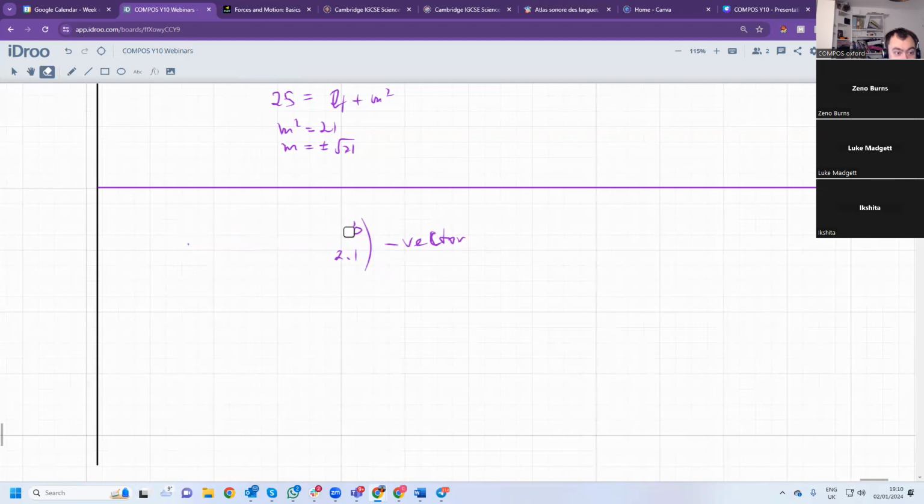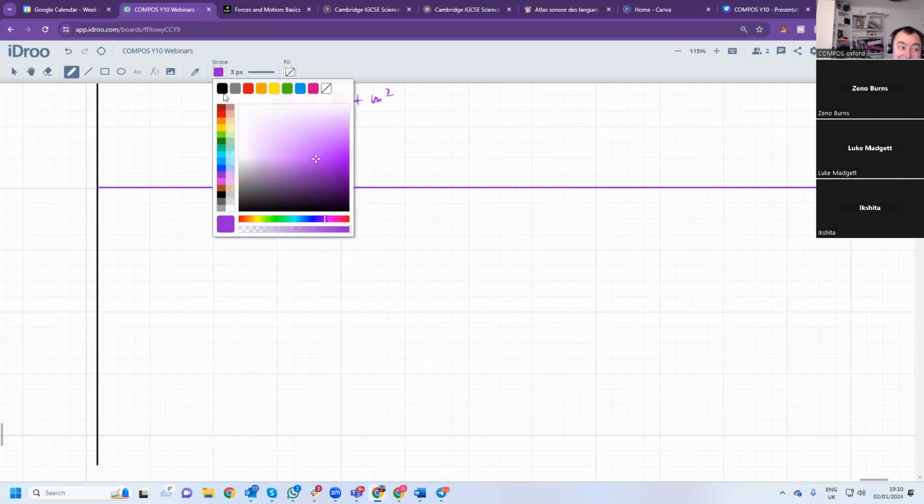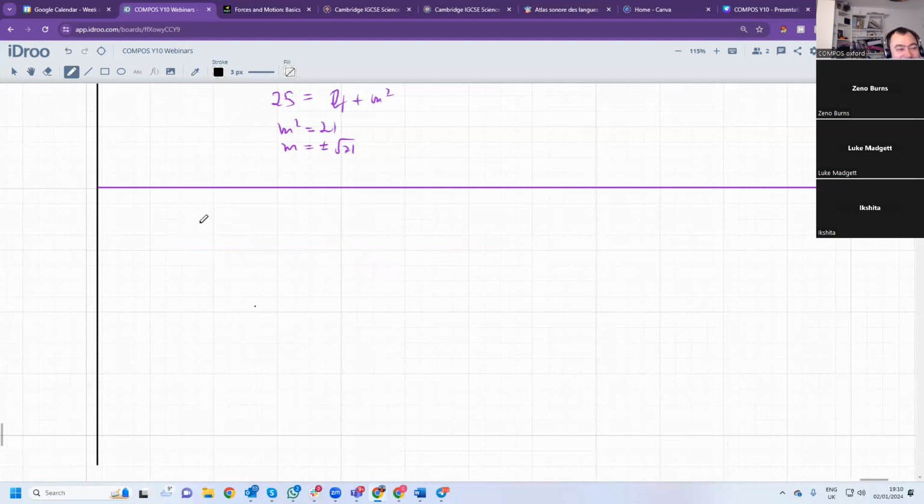However, when you multiply vectors, well, it depends on how you multiply them.